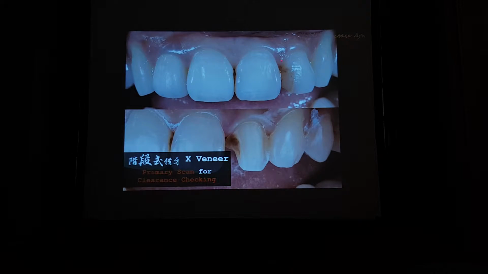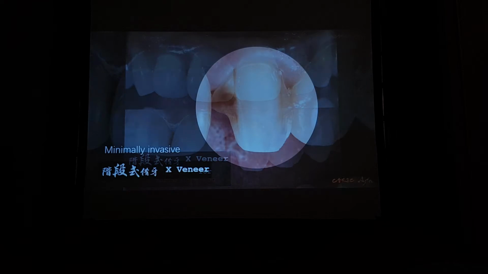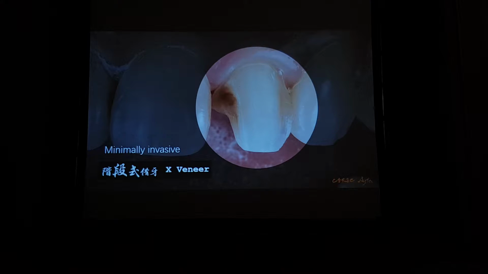This is an old filling, and after I removed all the decay, I had already prepped so much, and I feel sorry for her. But I still preserved the incisal edge. But I'm not confident with doing that because I don't know whether it has enough space or not.